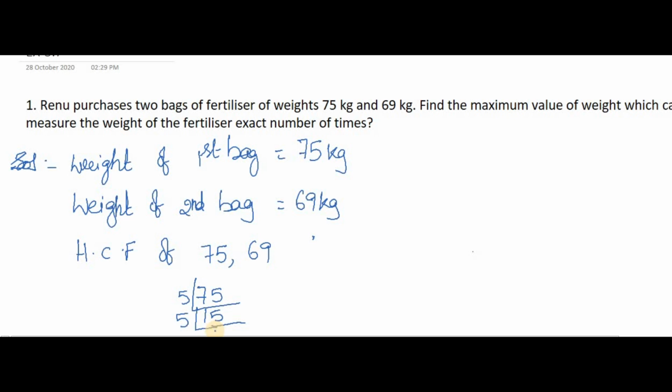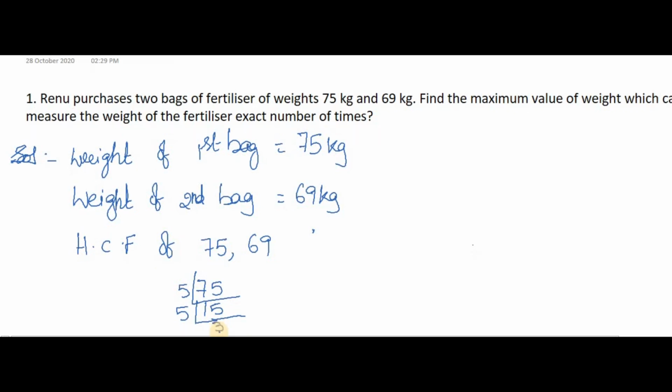Again 5 table, 5 3s are 15, and now for 69, 3 table, 23 3s are 69. Now we'll move on to the factors.